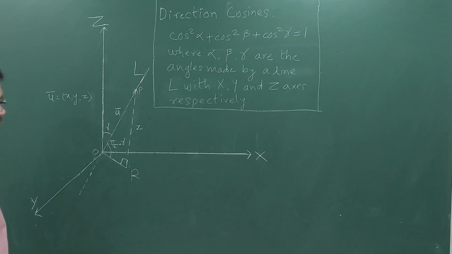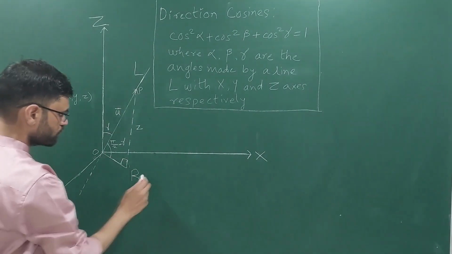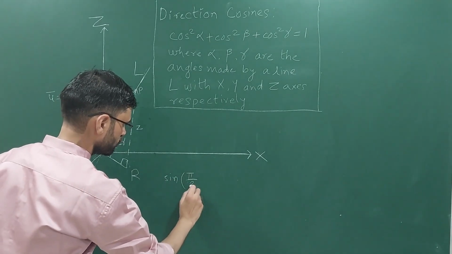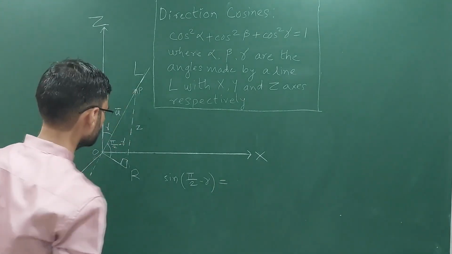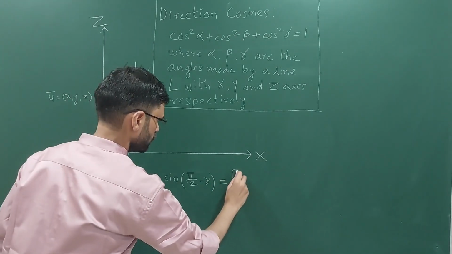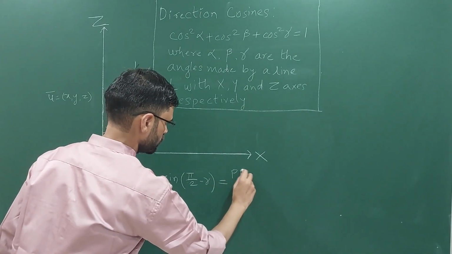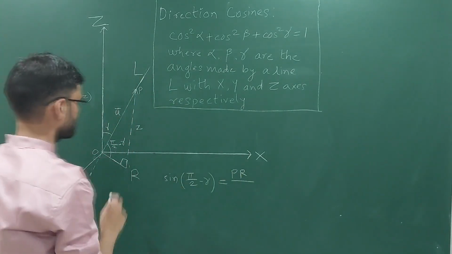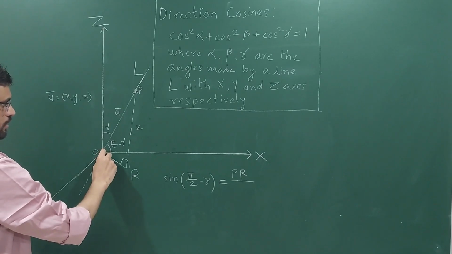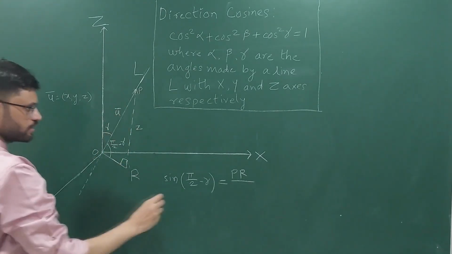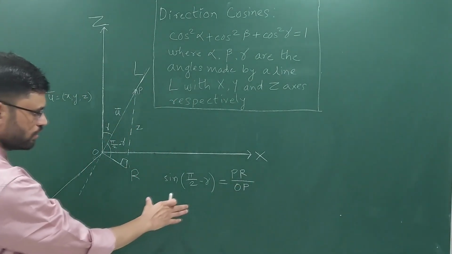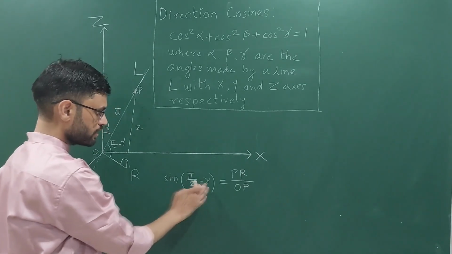So in this right angle triangle, what can we say? Sine of pi over 2 minus gamma is equal to the opposite side, which is length of PR, divided by the hypotenuse, which is OP. But sine of pi by 2 minus an angle is cos of this angle.